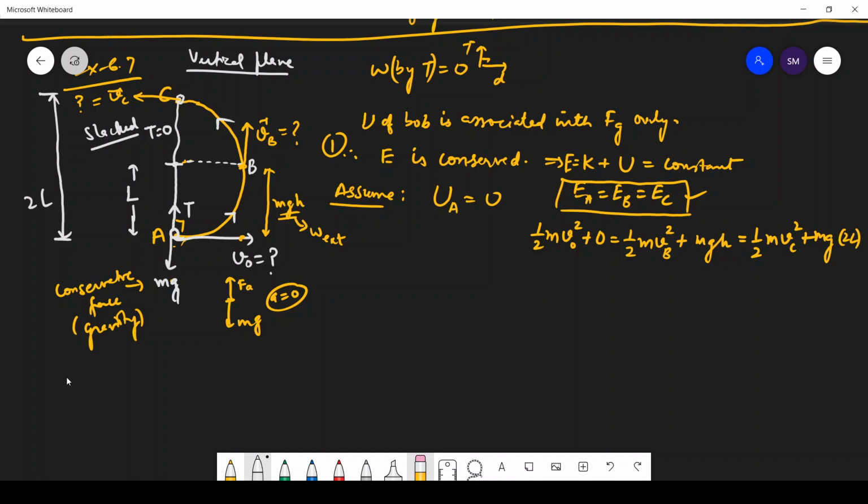The second thing I know is that F net is equal to m into a, Newton's second law.